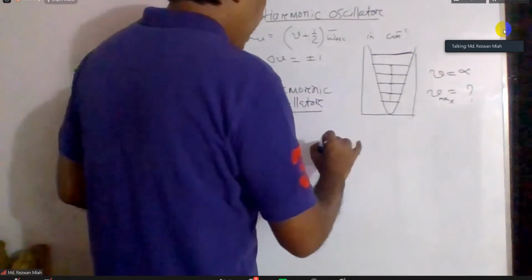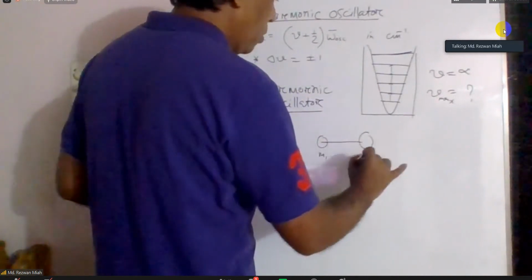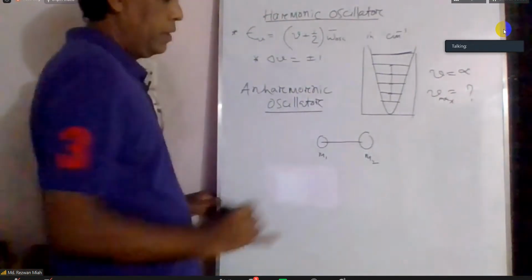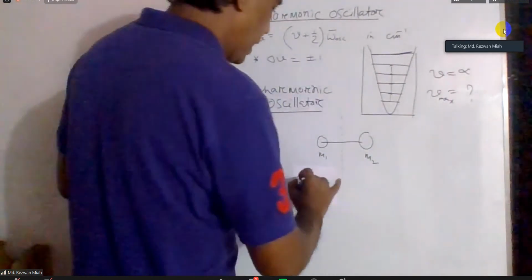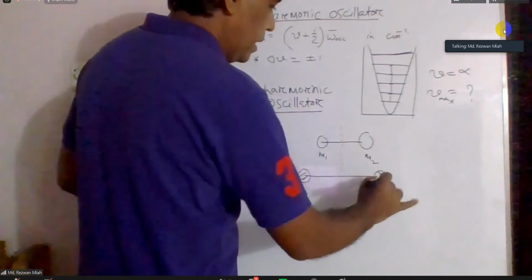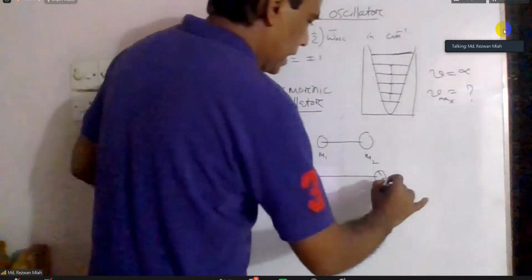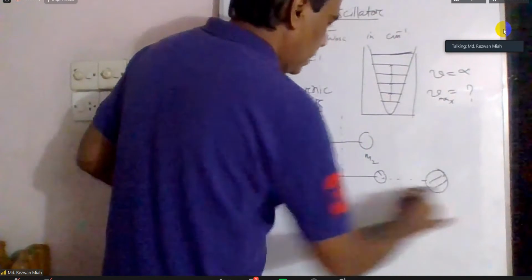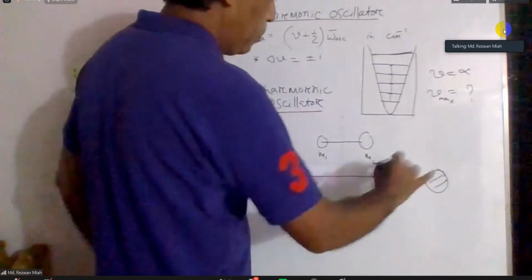That means, suppose this is a diatomic molecule. It can vibrate about its equilibrium position with some extension and compression. Suppose this is normal vibration, but if the vibration is extended to this position, the bond will break.